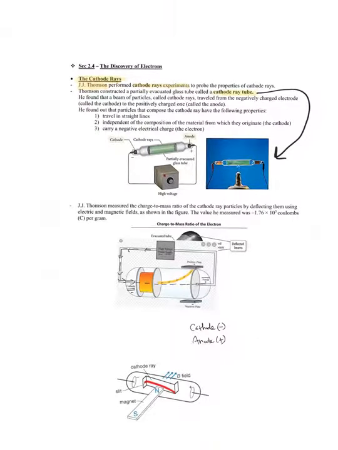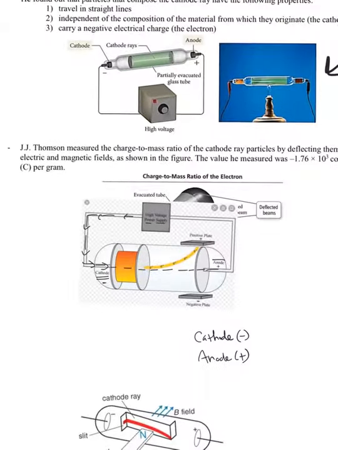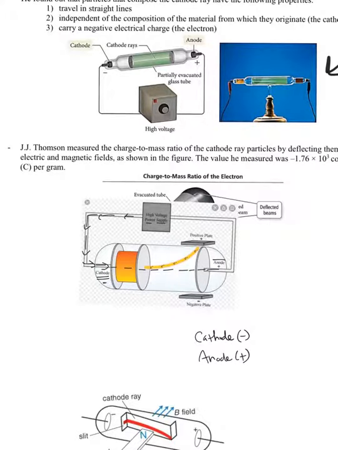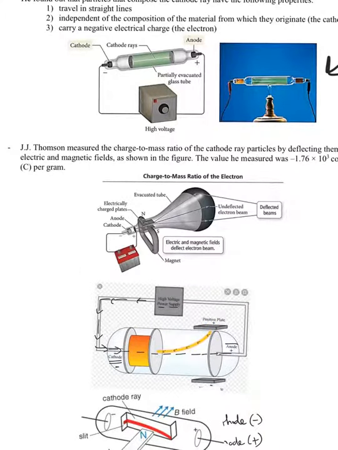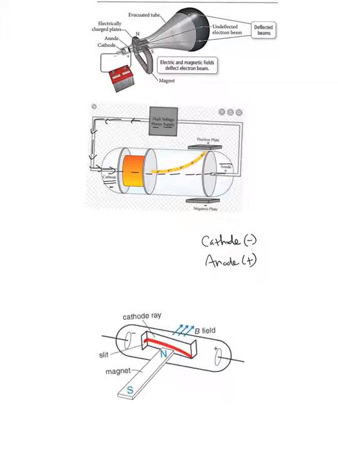All right, and let's go back down to our picture here. Oops, some things moved. All right, so the cathode ray travels in a straight line, but in this picture, it looks like this, that is not in a straight line, because here I have an electric field. Do you see this? This is an electric field.